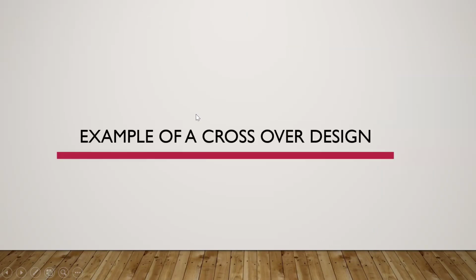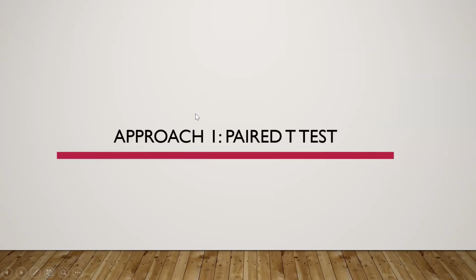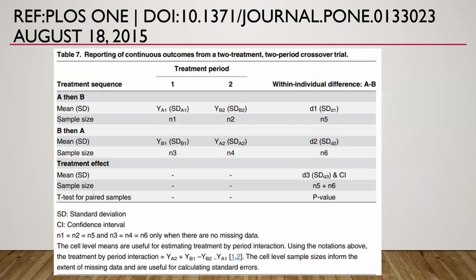Now let us see with an example. First we will do a paired t-test analysis. This I have taken from this article, and here they have recommended that this format should be used for publication. This is for a 2 by 2 crossover design with sequences AB and BA. We first display the mean and standard deviations of each period and each sequence.